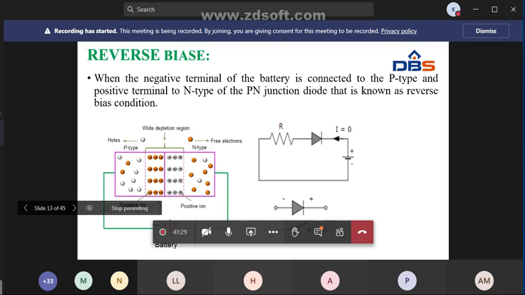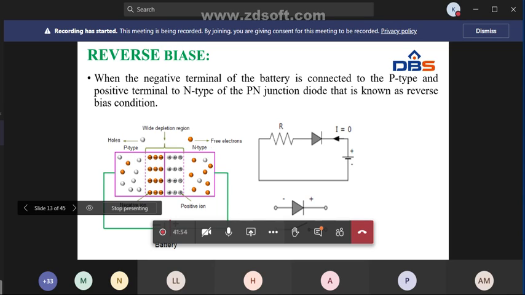The negative terminal is connected to P-type material and the positive terminal is connected to N-type material, right? So this type of condition is called reverse biased condition.